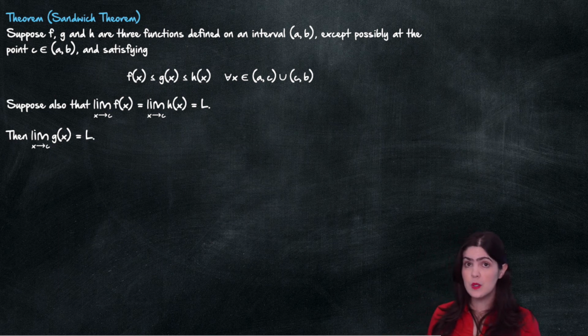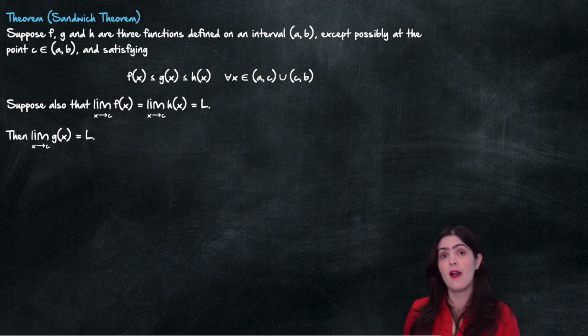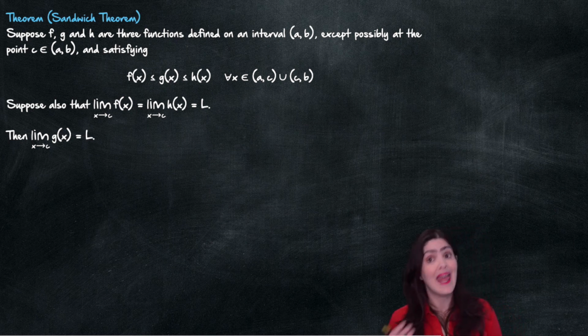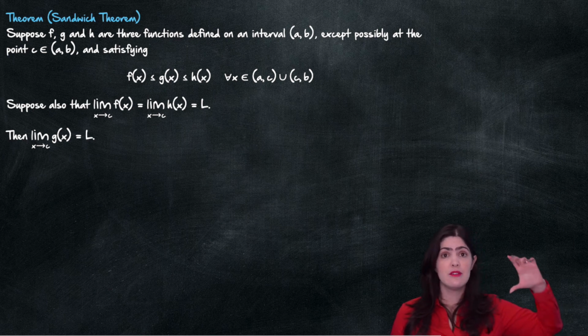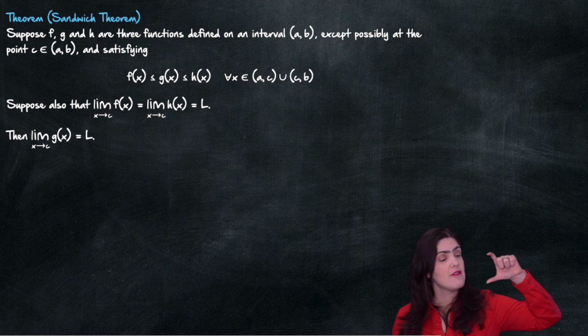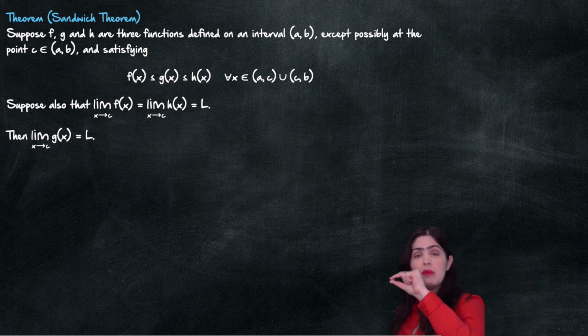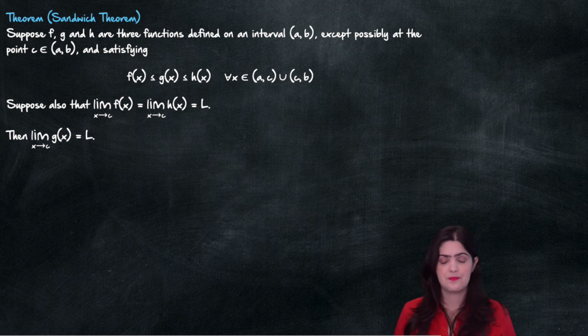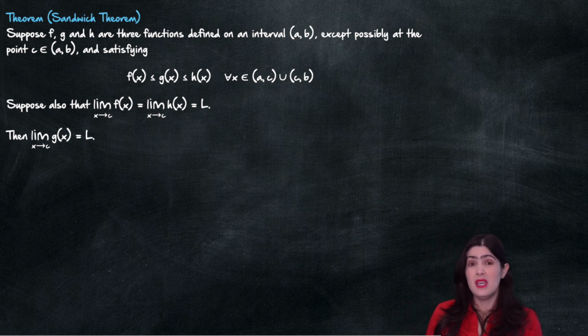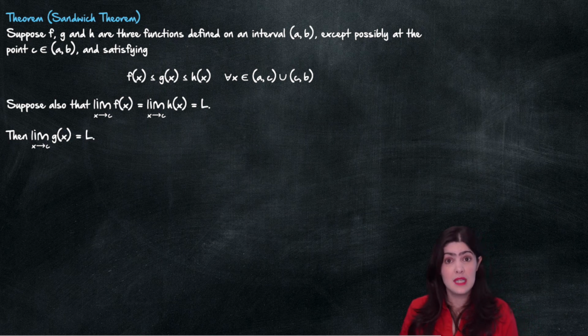We're going to also assume that the limit as x approaches c of f of x is equal to the limit as x approaches c of h of x, and they're both equal to L. Then this will imply that the limit as x approaches c of g of x is equal to L. So again, we are just sandwiching the function g in between f and h and forcing the limit to be the common limit that f and h have, which is L. As you see, it's the same idea as we had for sequences.